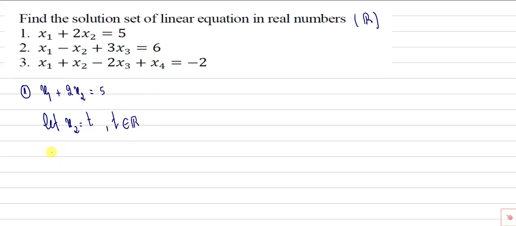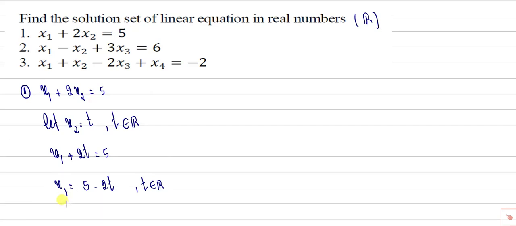So now I get x1 plus 2t equal to 5, and I got x1 is equal to 5 minus 2t, where t belongs to the real numbers.